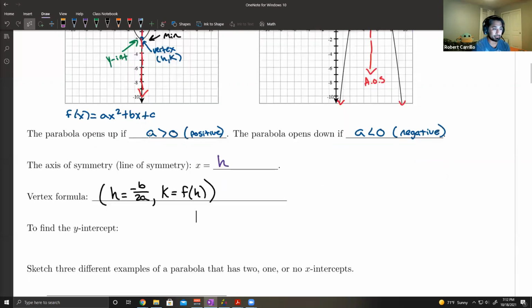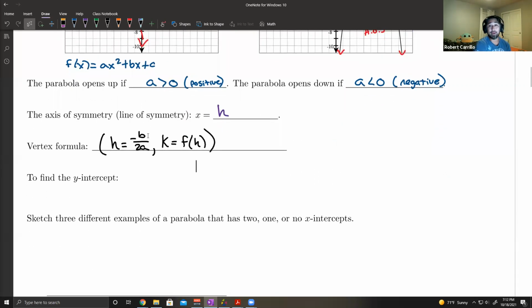All right. And then to find a y-intercept, we know how to do this. To find a y-intercept, you let x equal 0. That's how you find a y-intercept. You let x equal 0. Okay.